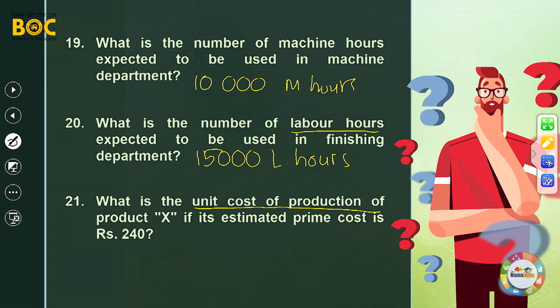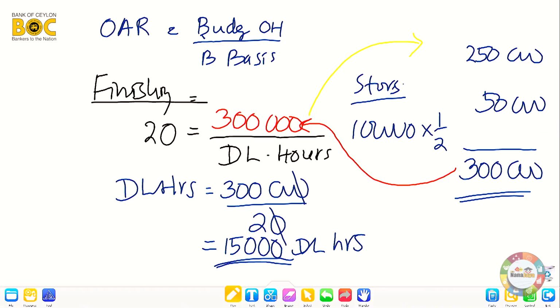If its estimated prime cost is 240, what is the unit cost of production of product X? The prime cost of the product is given as 240.